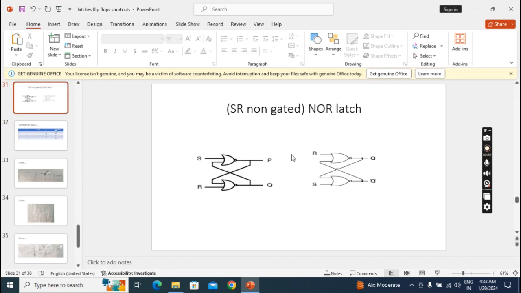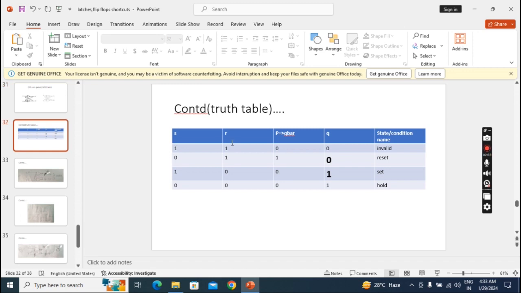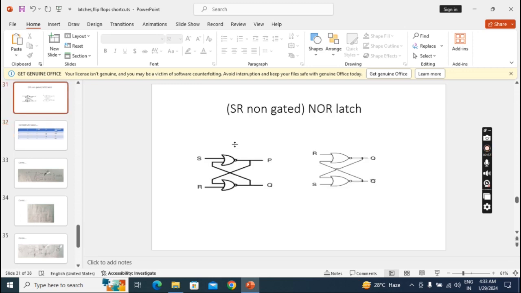Then I cannot predict the output, because there is no output at that time to feed back. So we have to start from 1 1. Even with 1 1, even though there is no second input, we can predict the output based on the NOR gate definition, because in a NOR gate, if any one input is 1, the output is 0.